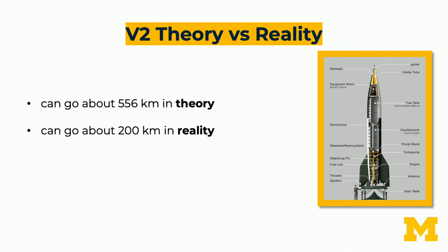But in reality, it only went about 200 kilometers in horizontal distance. The reason for that is drag. All of our equations don't account for drag because it's really hard to account for drag, or air resistance. So you can calculate the theoretical distance that it could travel, and then you actually launch one and see that it didn't quite go that far.